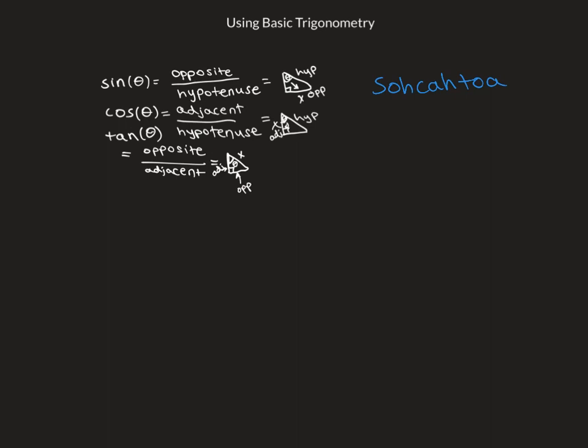Now, the first three letters would be referring to sine, then the next three referring to cos, and then the final three are referring to tan. You might have seen this before. And you can get your equations from the letters. So in sine, the O is referring to opposite, H to hypotenuse. So opposite over hypotenuse.